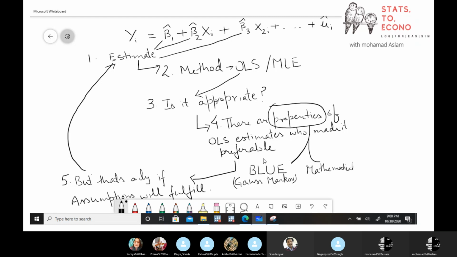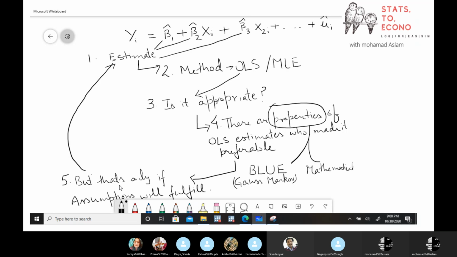But these properties are only possible when the assumptions of this model are fulfilled. For example, the law of demand is only possible if you hold other things constant, and there are many other assumptions in that particular law. Similarly, we have a few properties of the estimates based on this method, but that's only possible if the assumptions are fulfilled.